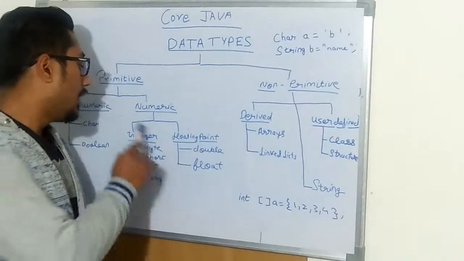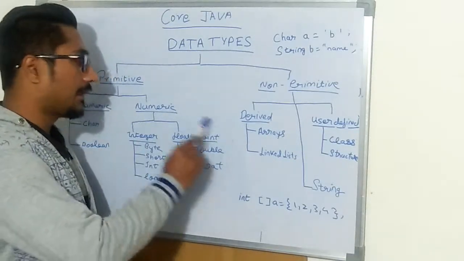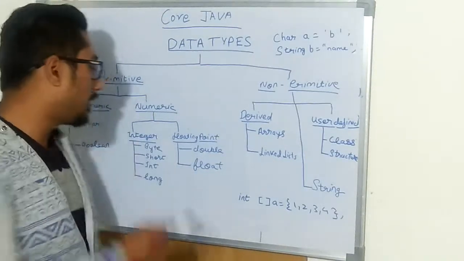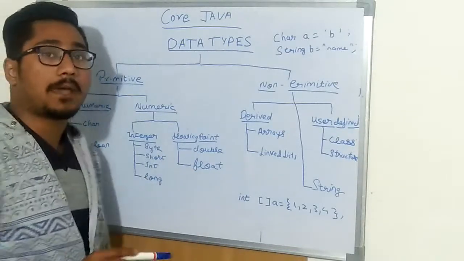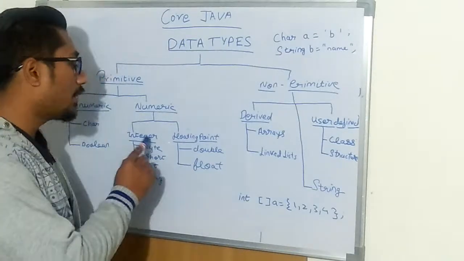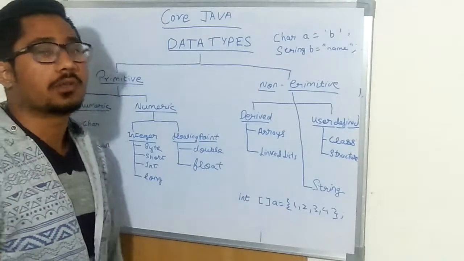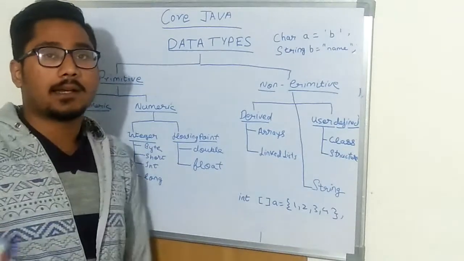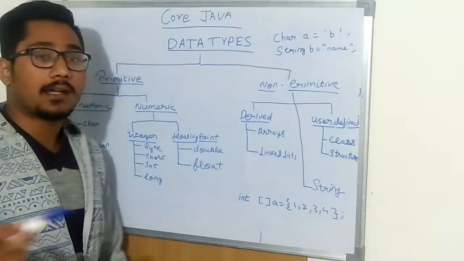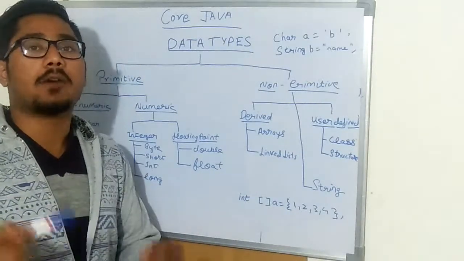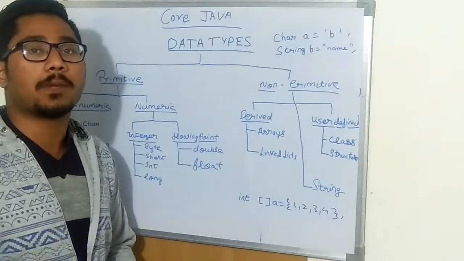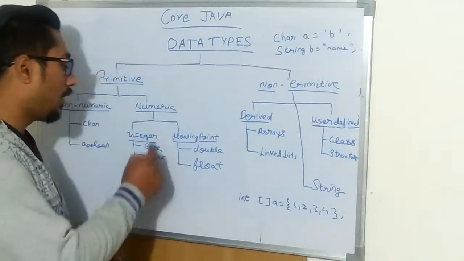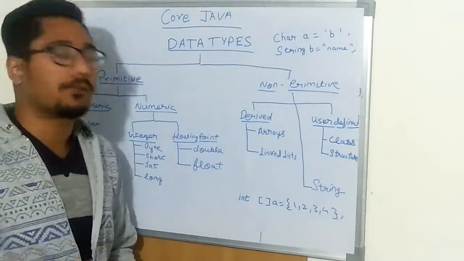Now, on the basis of the space which is reserved for these data types in the computer's main memory by the compiler, we decide what data type to use and when to use. All these data types get a particular specific amount of space reserved in the computer's main memory by the compiler, and they are used on the basis of that.